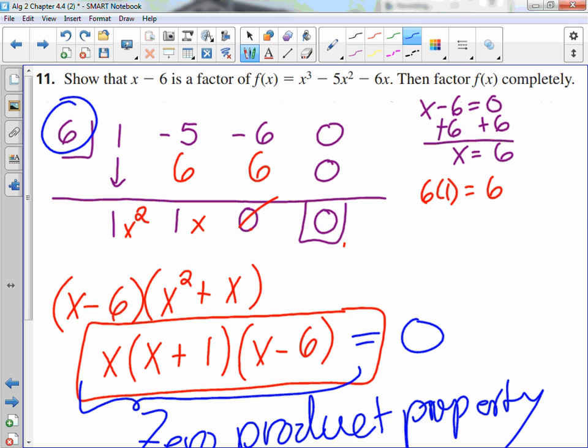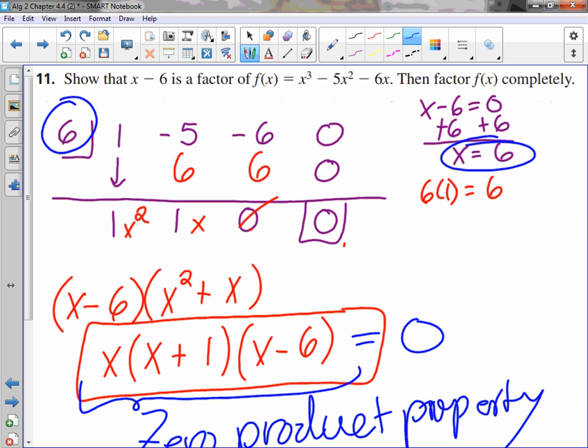That means if this is a factor, makes it equal 0, it means that 6 is a solution, isn't it? So one of the values or solutions for this would be that x is equal to 6. Does that make sense? That's what we're going for. That's what we're aiming towards. That's why this is helpful in solving.